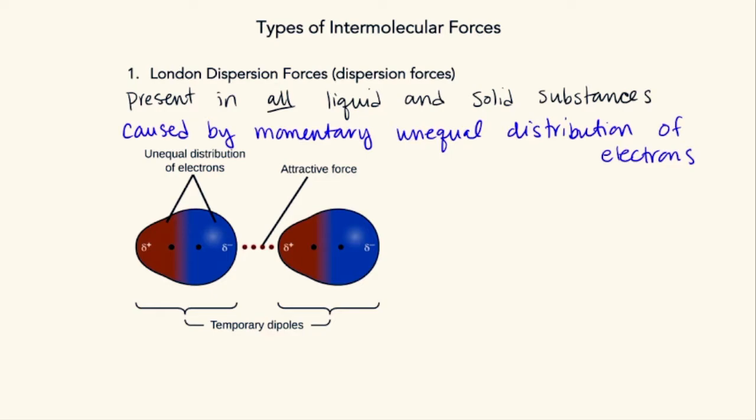And that's what this picture is showing. This picture shows some molecule that at this point in time has a partial negative on it. Okay, that's going to mean more electrons on this side. At some moment in time, more electrons here and fewer electrons here.